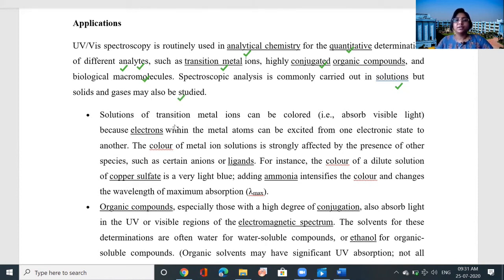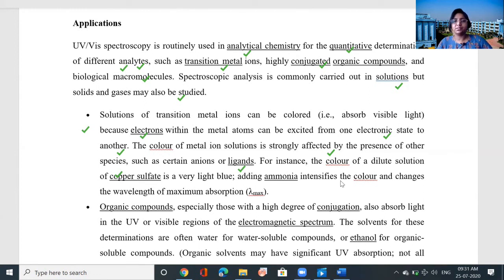Solutions of transition metal ions can be colored. They absorb visible light because electrons within the metal atoms can be excited from one electronic state to another. The color of a metal ion solution is strongly affected by the presence of other species such as anions or ligands.